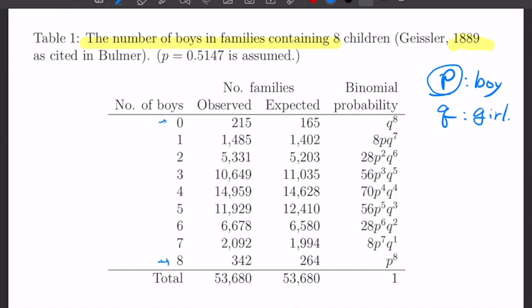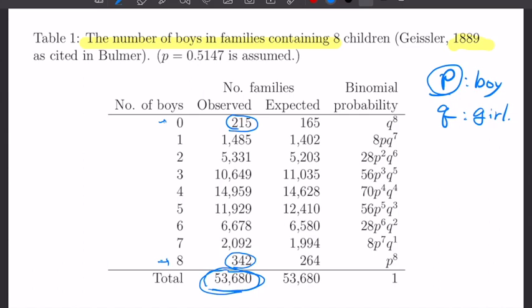Okay, the distribution of the number of boys. So in this study they studied 53,680 families. Okay, out of these families, 215 families had no boys, and 342 families had 8 boys.